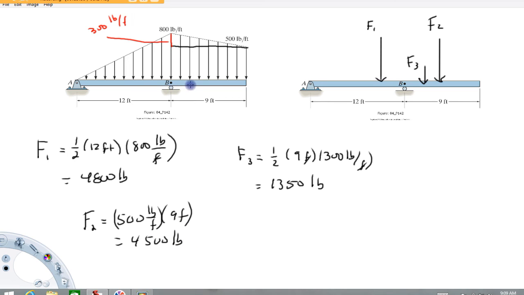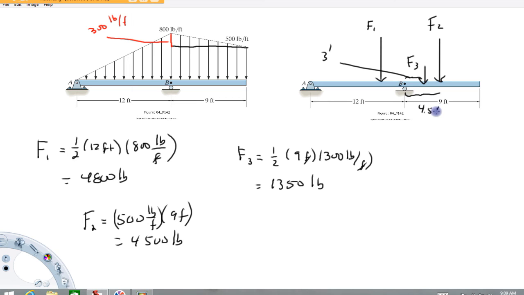Centroid of the rectangle would be 4.5 feet over from B. There's that force F2, and again, that distance in this picture, 4.5 feet. And then what I'm calling force 3 is due to the triangular load, area 1/2 times 9 times 300 at a distance 1/3 from the corner, because that's how you find the centroid of a triangle, which would be 3 feet from the corner. So that guy right there, that distance, 3 feet.